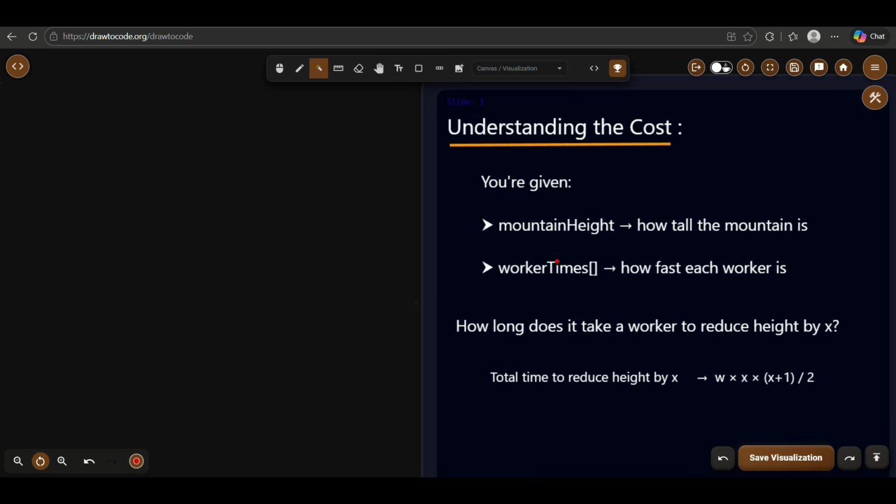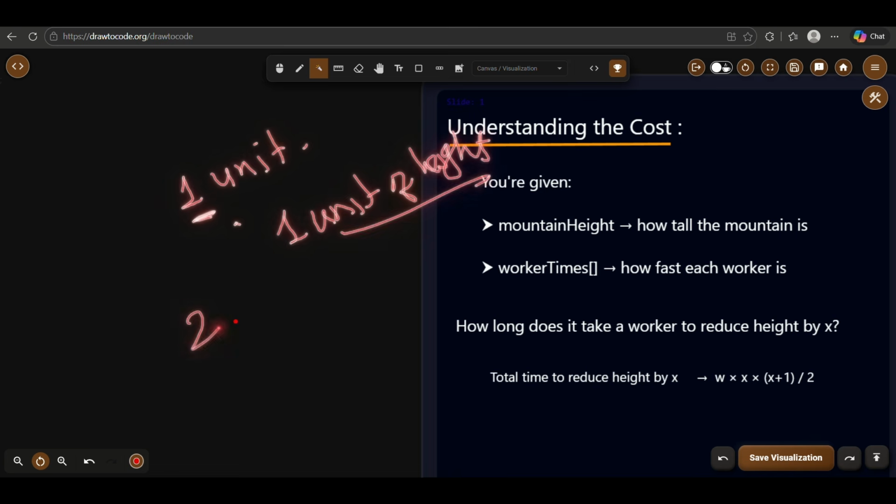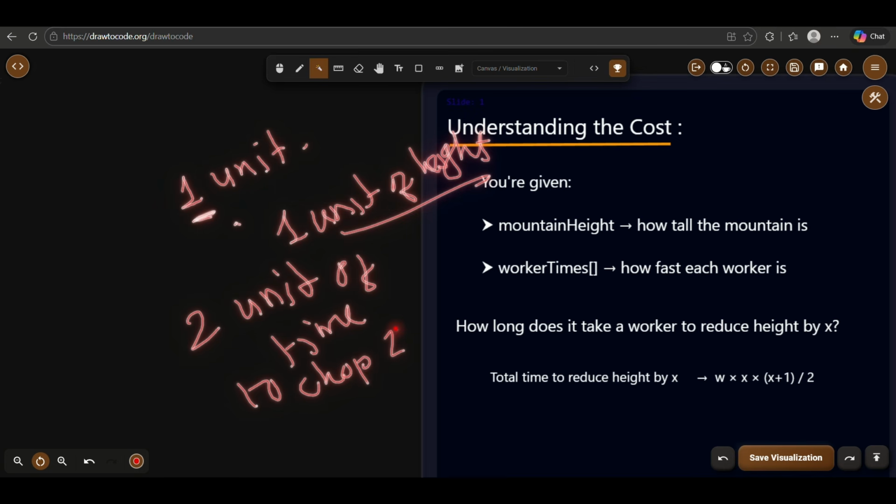This is what is given. So you might think that each worker takes 1 unit of time, 1 second, to chop 1 unit of height, then 2 units of time to chop 2 units of height.